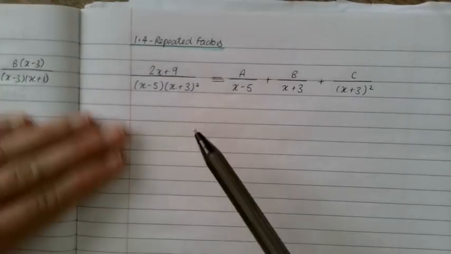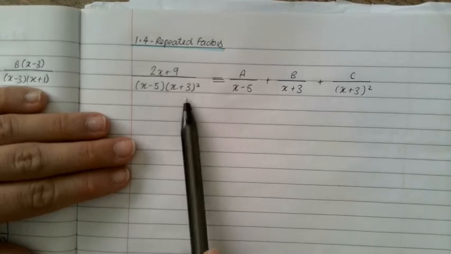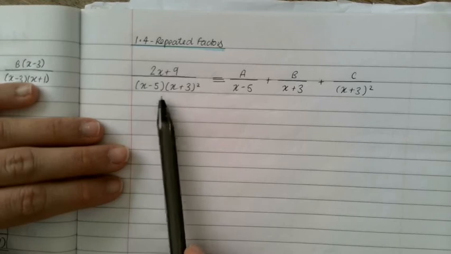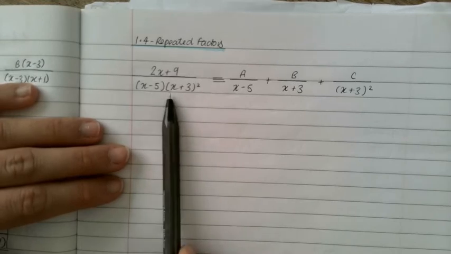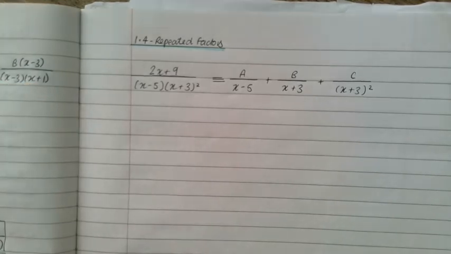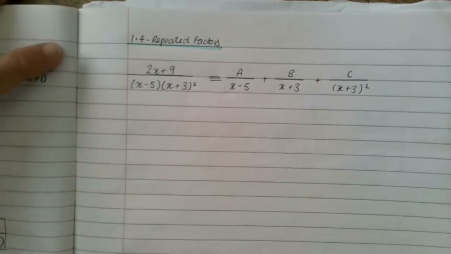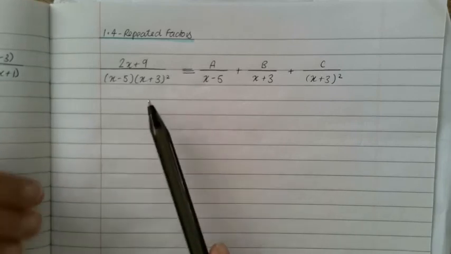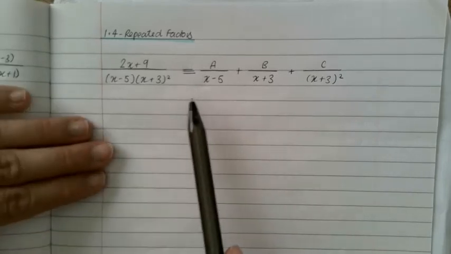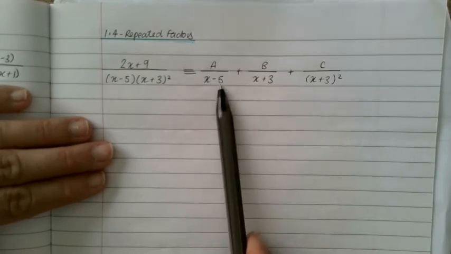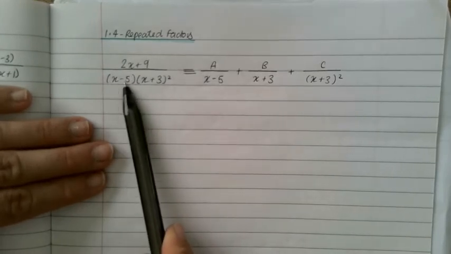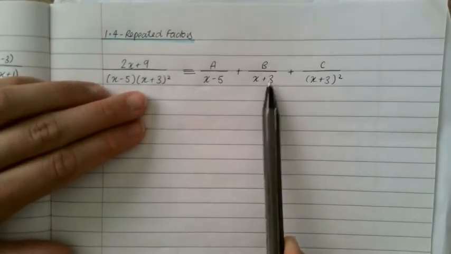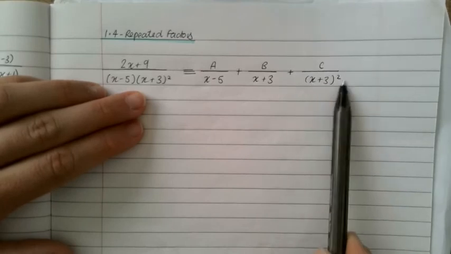In this chapter, though, we will look at situations where we will have repeated factors in the denominator. So this example here, in our denominator, we have x minus 5 and x plus 3 squared. Now, you can use the same method, substitution or equating coefficients, but the way we would separate this out into its partial fractions would be, we would have A over x minus 5, so that's dealing with this first linear factor, and then the repeated factor, we have B over x plus 3, and then C over x plus 3 squared.